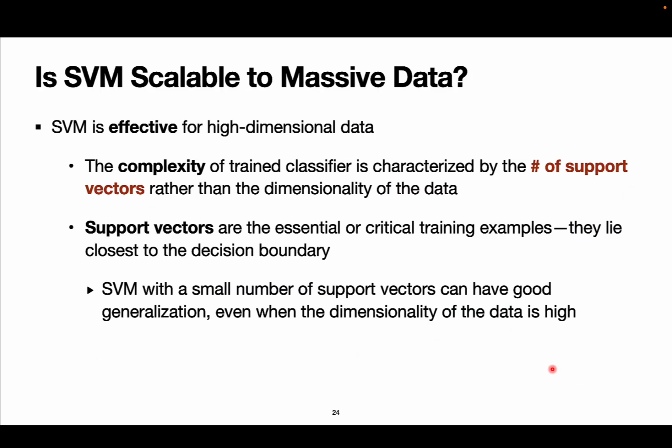Is SVM scalable to massive datasets? The answer is yes, but it depends on the setting. Remember that the key property of SVMs is that the complexity of the trained classifier is not determined by the dimensionality of the data, but by the number of support vectors. In other words, if only a smaller fraction of the data becomes support vectors, then the model can generalize very well in high-dimensional spaces.